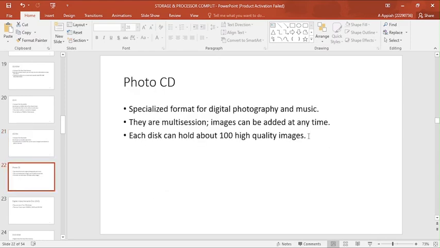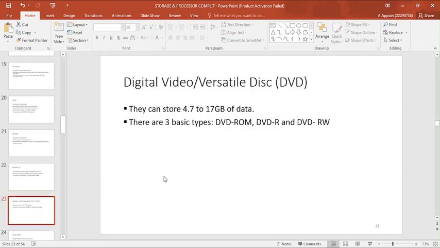Then another type of optical disc is the photo CD, which is a specialized format for digital photography and music. They are multi-session, which means images can be added at any time. And this type of CD can hold about 100 quality images.